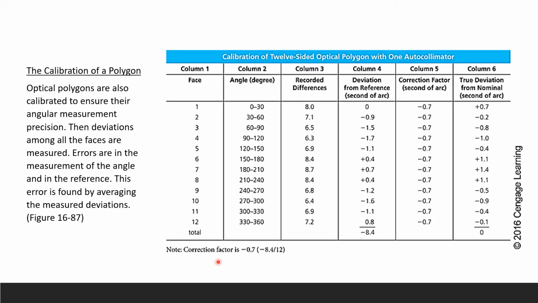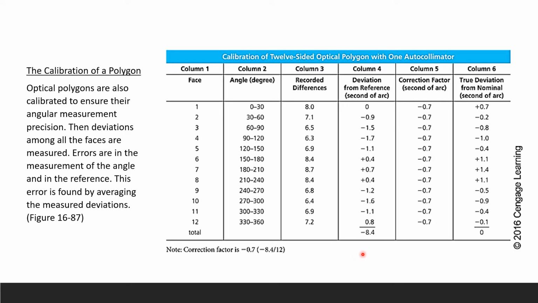When you take a look at this little note at the bottom of this chart, we see the correction factor we're using here: minus 0.7, which is minus 8.4 divided by our total 12. Subtracting and adding algebraically, subtraction is nothing but algebra, and you should know that from your middle school math.